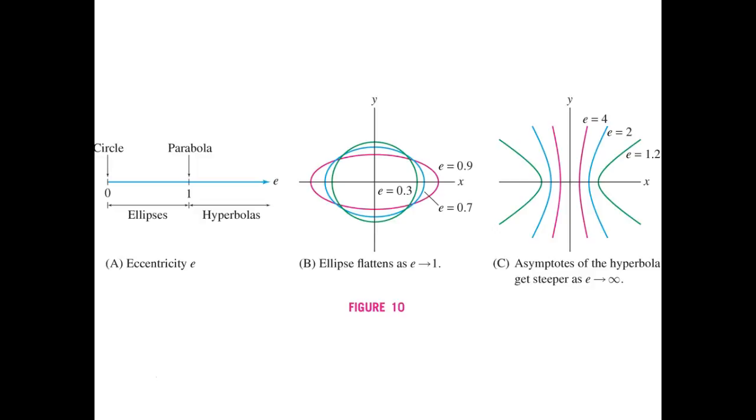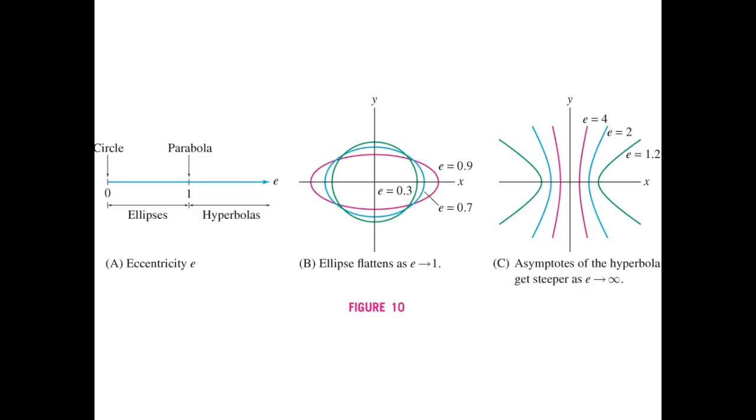The ellipse flattens as e approaches 1. Because e equal to 0 would be a circle, and just slightly off a circle would be slightly bulging at the equator, and then more and more until it flattens out as e approaches 1. And at that point, it becomes a hyperbola, which doesn't quite make sense according to the pictures here.